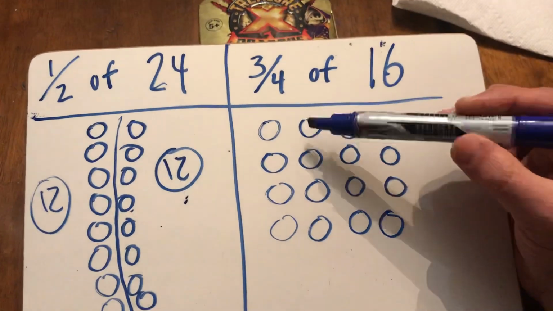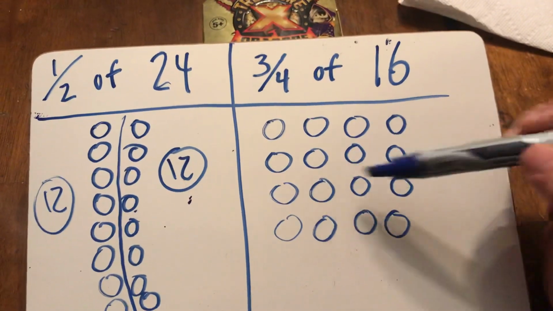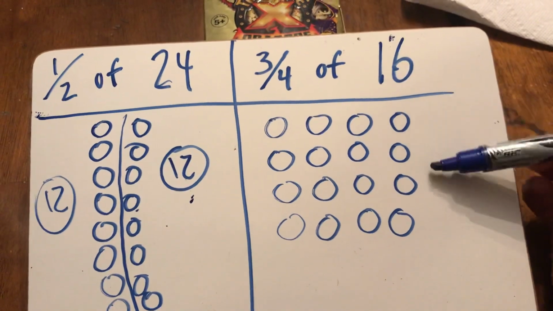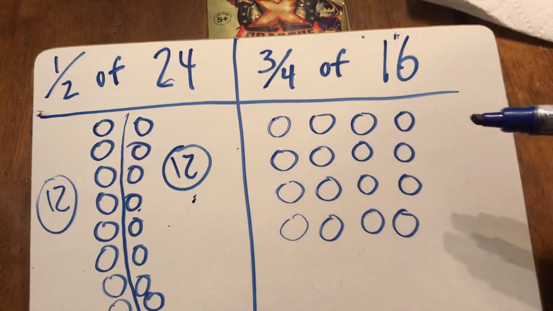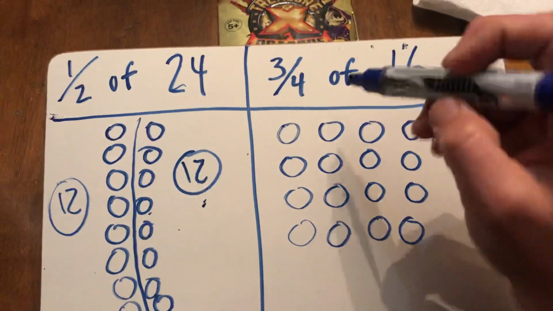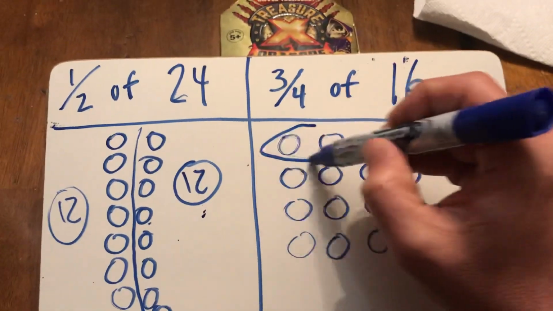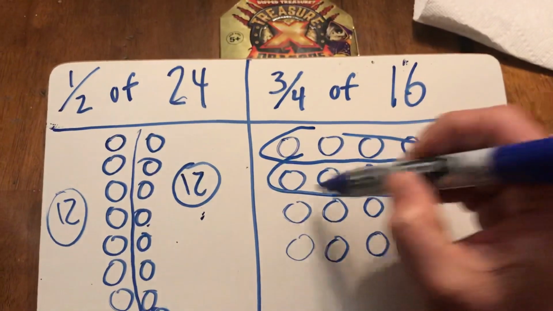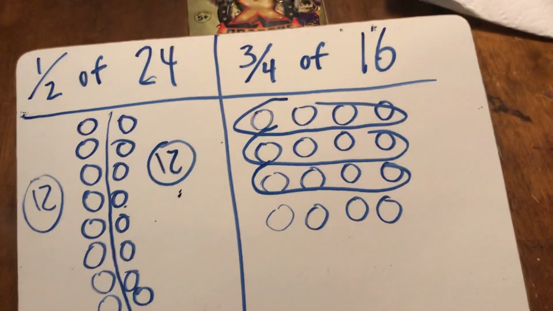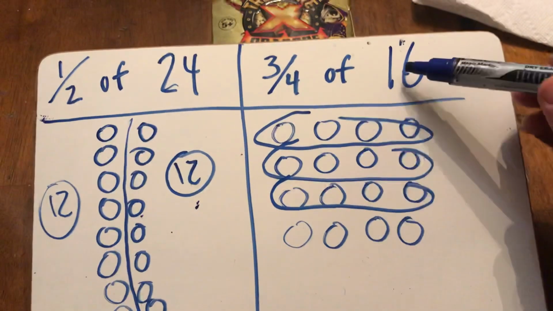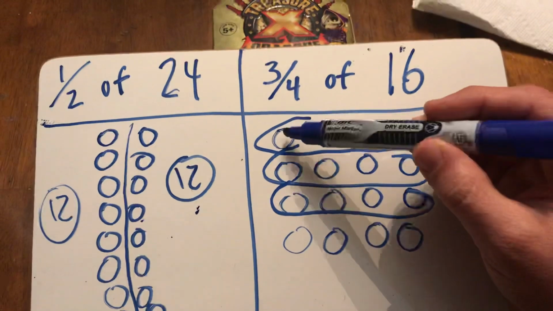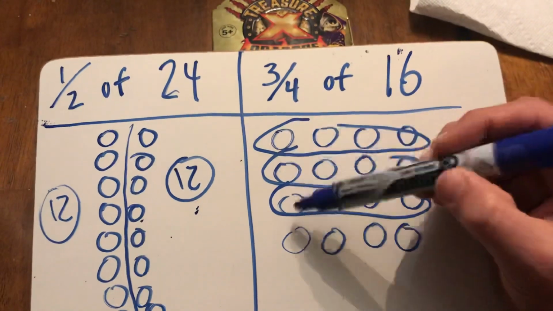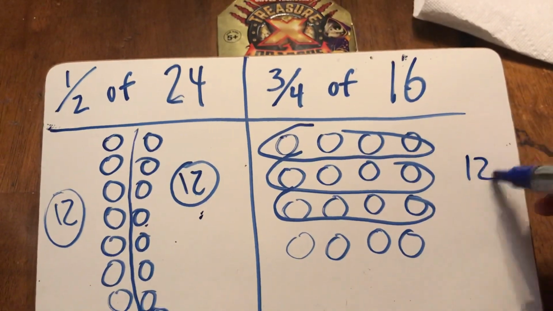So 16, and because it's a square number with 4 by 4, it kind of works either way. But I'm going to look at 3 of those groups. So I'm going to circle 1, 2, 3. Sorry, it's a little messy. So 3/4 of 16 is 3 times 4, which is 12.